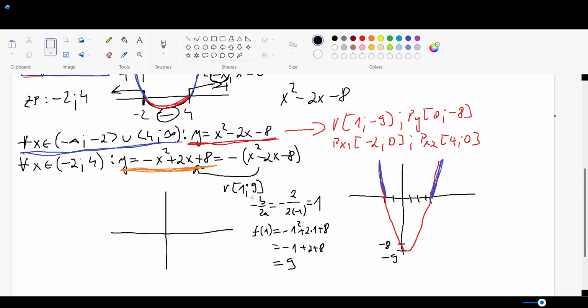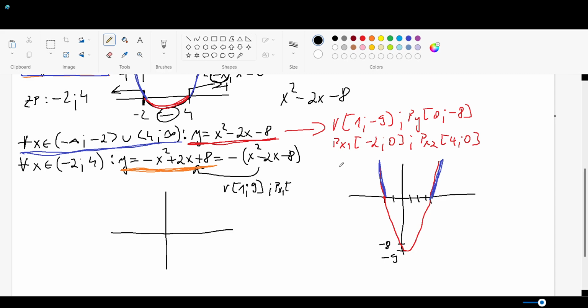So the vertex coordinates are 1 and 9. Now, you should understand that Px1 and Px2 are the same as for the previous function. So this is going to be -2 and 0, and Px2 is going to be 4 and 0, and Py can be read directly from the equation of the quadratic function, which is 0 and 8.